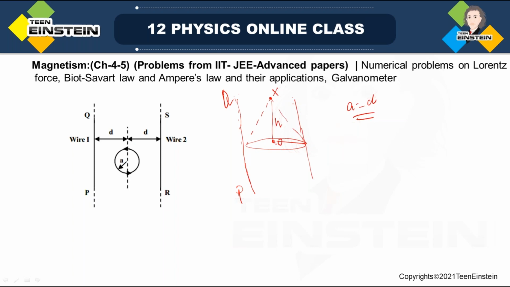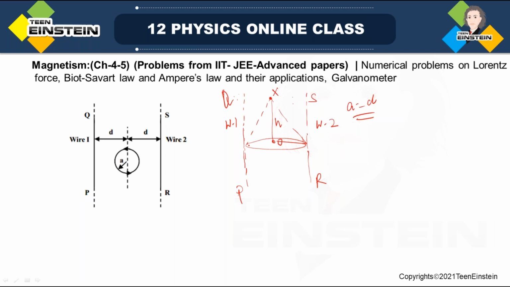So this A becomes just D. That means not exactly touching the loop, but the wires are actually very near to this. Like this. This is PQ, and this is RS or SR as you read. This is W1, wire 1, and this is W2.